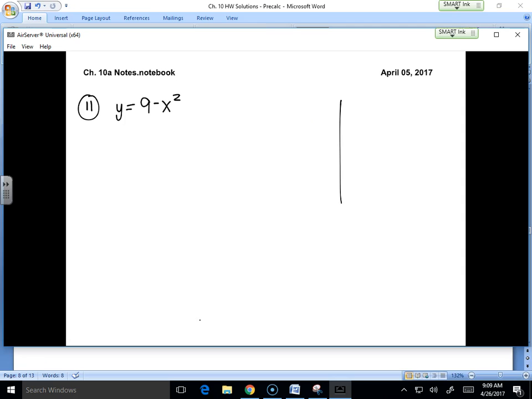So 9 minus x squared, wouldn't that be a parabola that's just been shifted up 9? And then we talked about how it's going to hit positive 3 and negative 3. So we have our parabola, and it's not going to go below the x-axis. It's just going to hit.